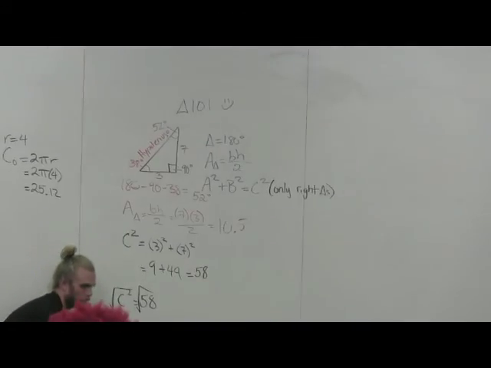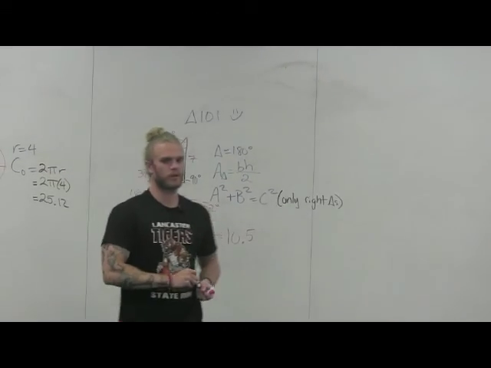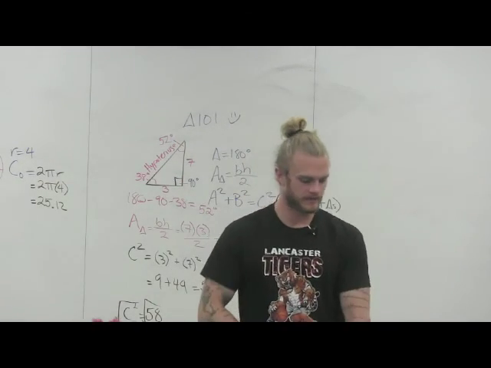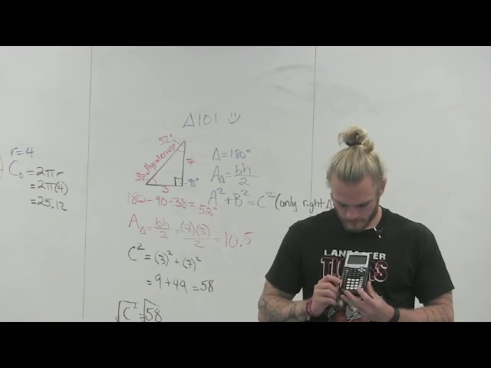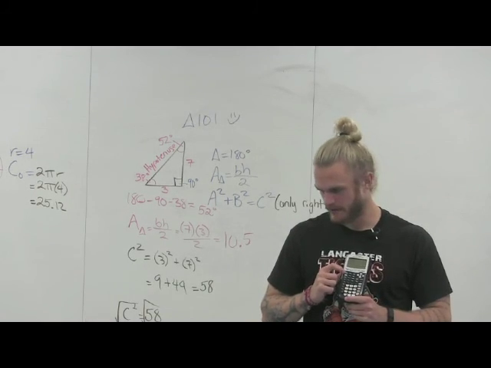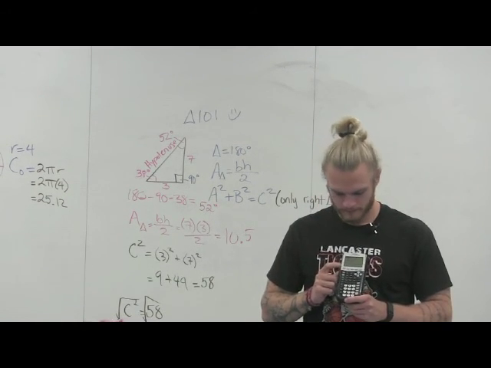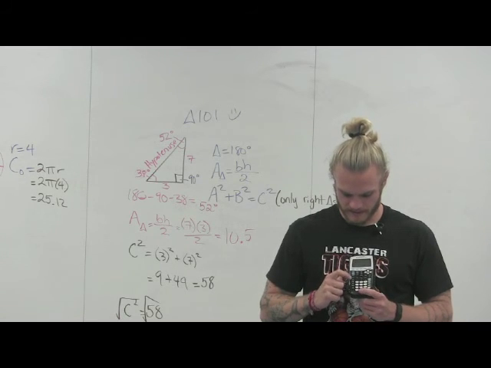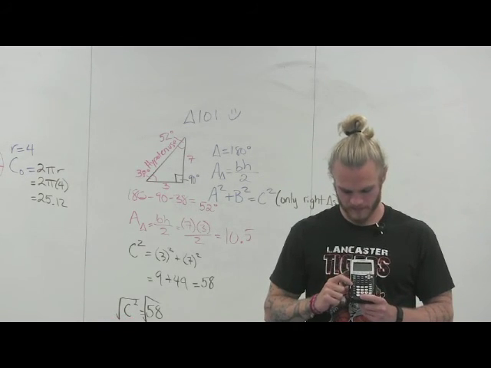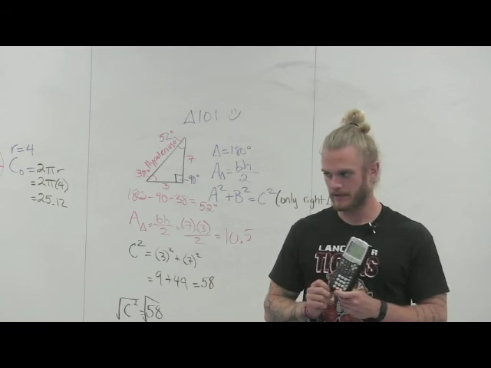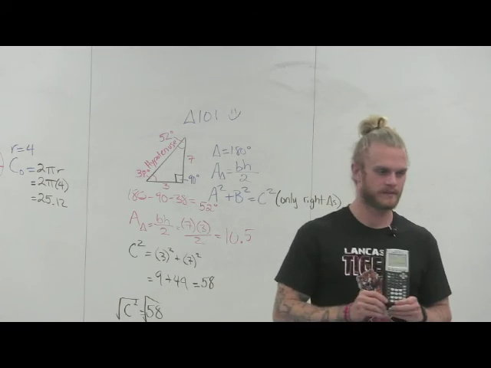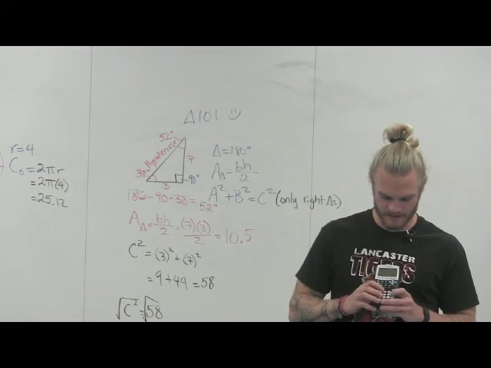Or, let's see. If you want to take the square root of something, take a look at your calculators. Press the second button in the top left where it says x squared. Press that. And you should see a little radical symbol pop up. Type in 58 and press enter.